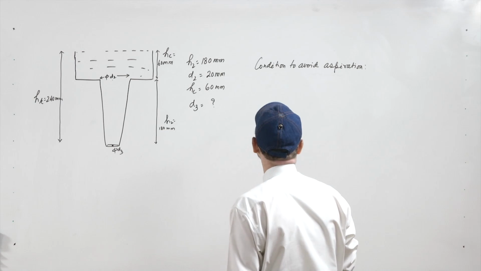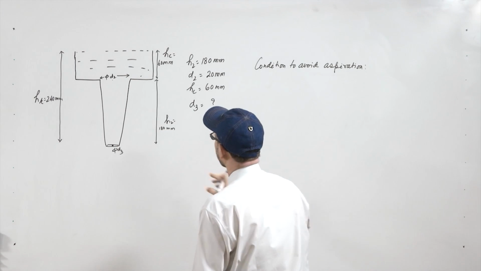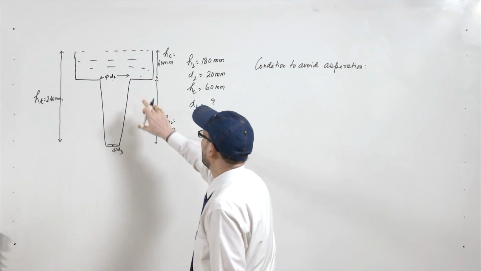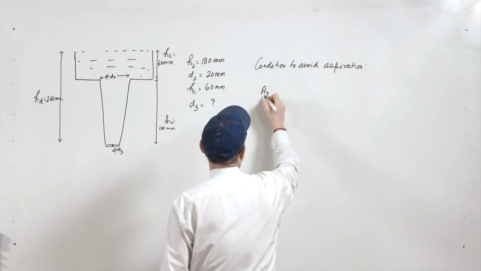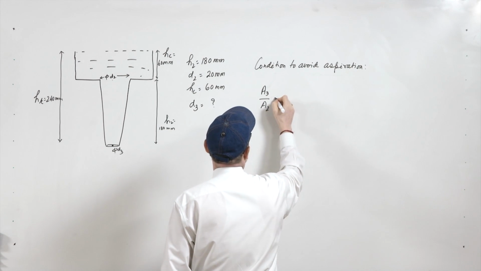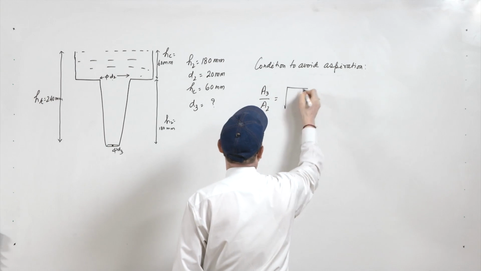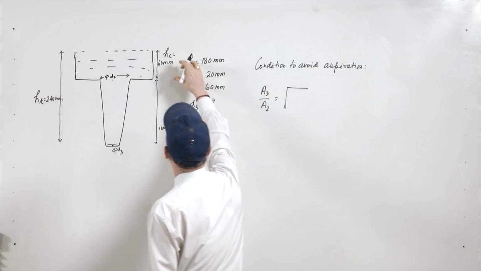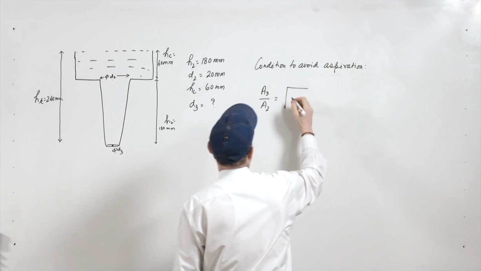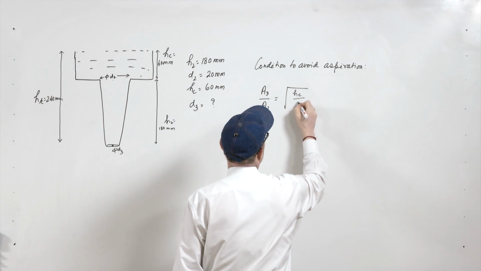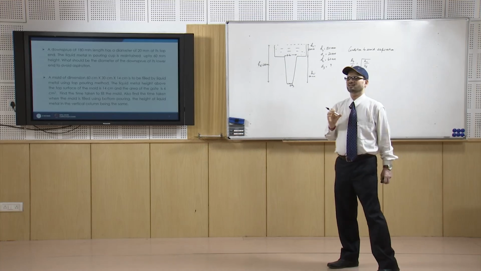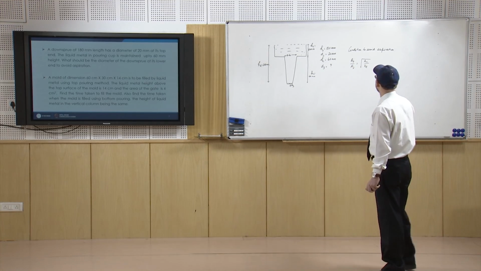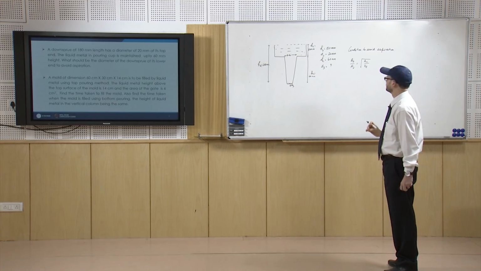If this is A3 and this is A2, then A3 upon A2 is the square root of HC upon HT. This is the condition for avoiding aspiration.